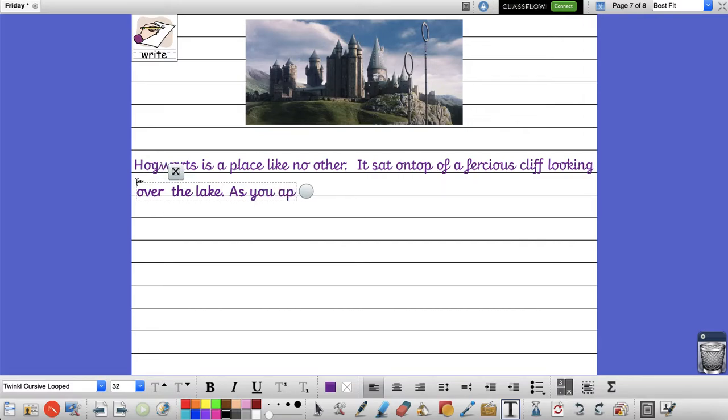As you approach it, you would be stunned by its size and beauty. Okay, so I've just started there for the time being, just so I can show you what I'm expecting from you today.